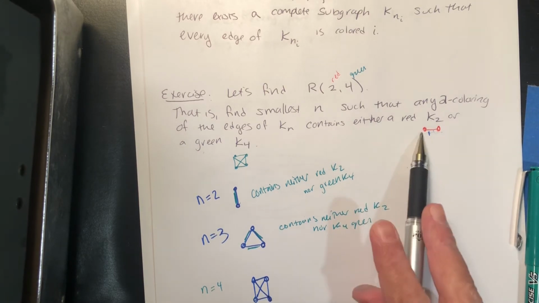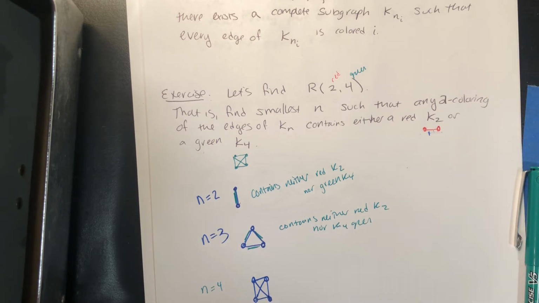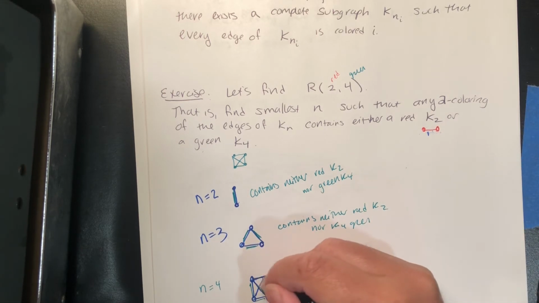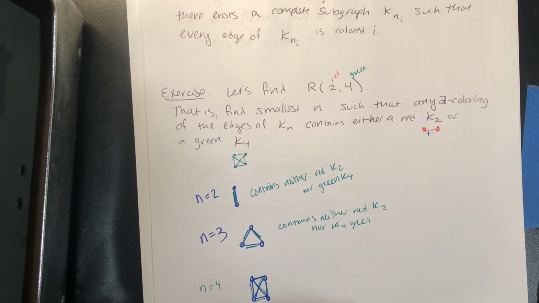You're kind of sunk. You've already found a red K2 graph. But if I don't use red at all, then I would have to use all green. But once you use all green, then you certainly have a green K4 graph contained here, namely the entire thing itself.